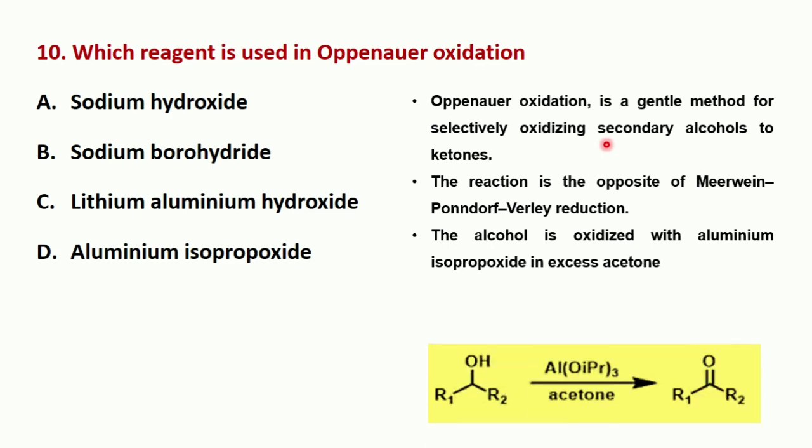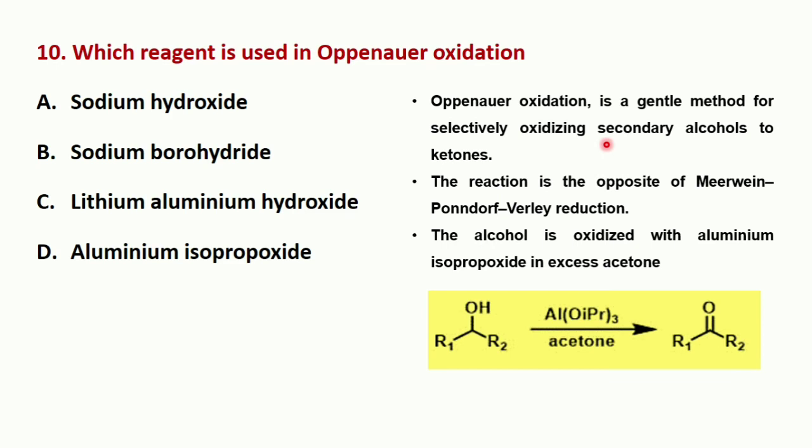That is the Oppenauer oxidation. Here is one general reaction given for it: a secondary alcohol attached with two substituents, with the reagent aluminum isopropoxide in the presence of excess acetone, is converted into a ketone group. This reaction we call the Oppenauer oxidation. The opposite reaction, where ketone groups are converted into secondary alcohols, we call the MPV reduction.